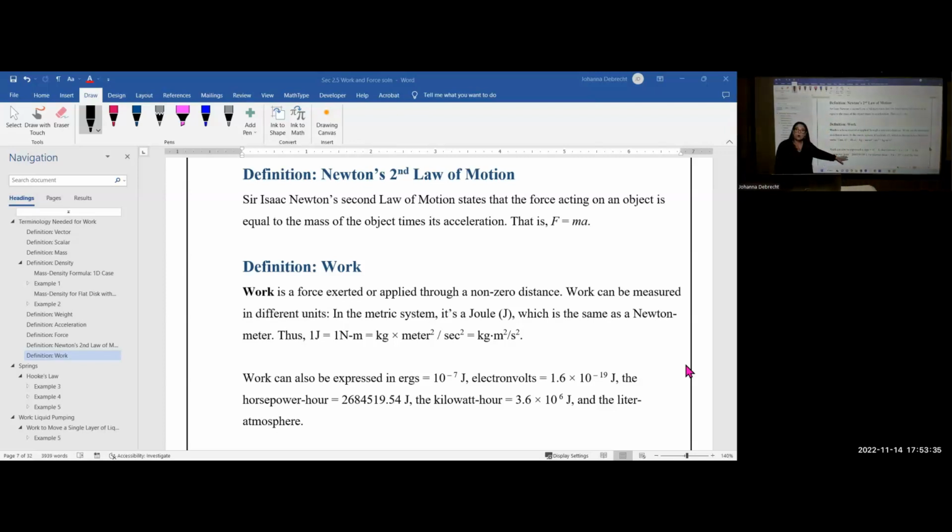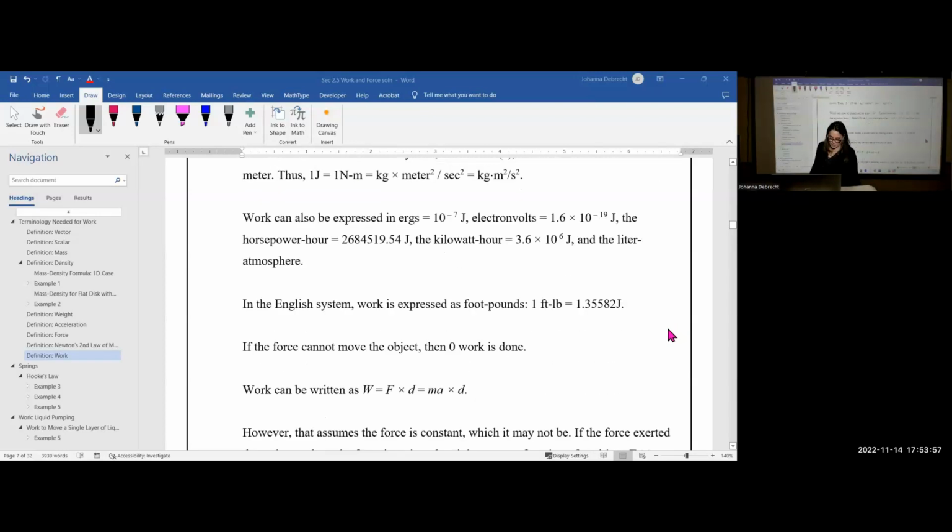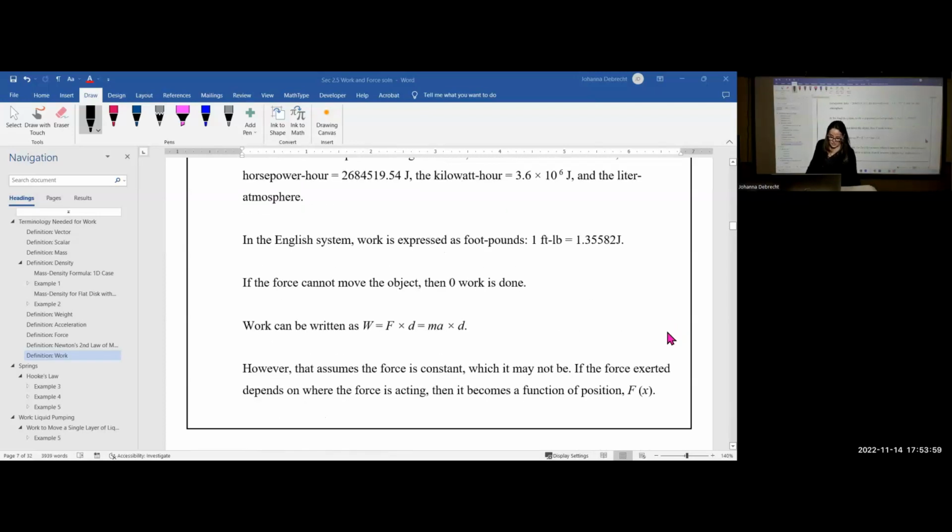We can talk about the horsepower hour. We can talk about cars. Then you've got something that's pretty whopping large, 2,684,519.54 joules. We have a kilowatt hour, which is even bigger, 3.6 times 10 to the 6 joules. And we've got the liter atmosphere, which I did not give you that one. In the English system, work can be expressed in what are called foot pounds.